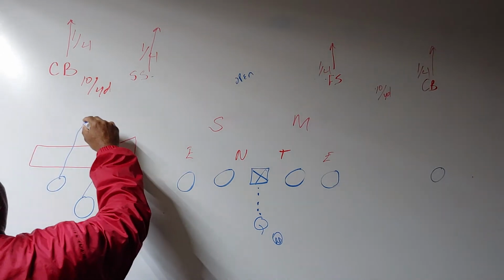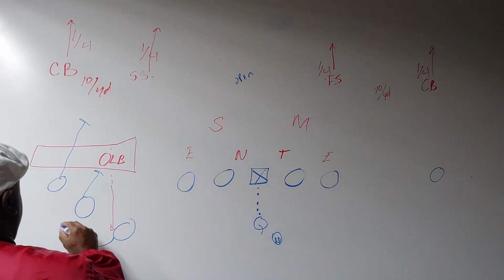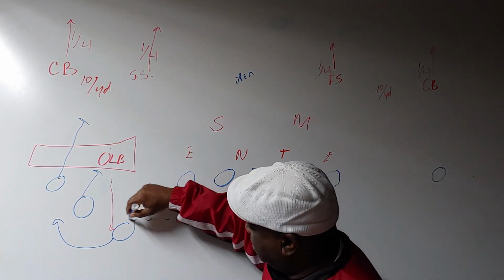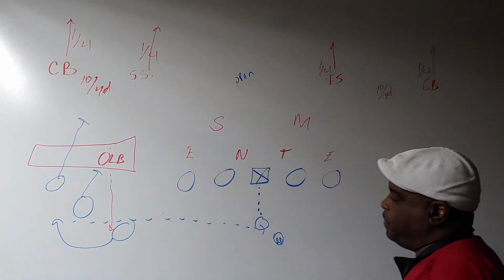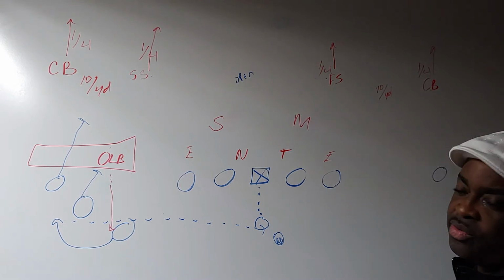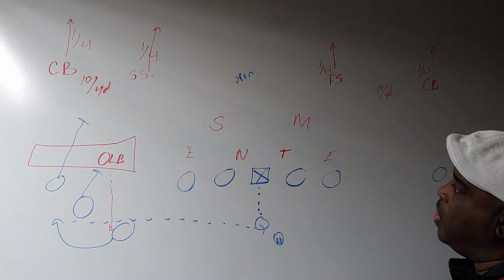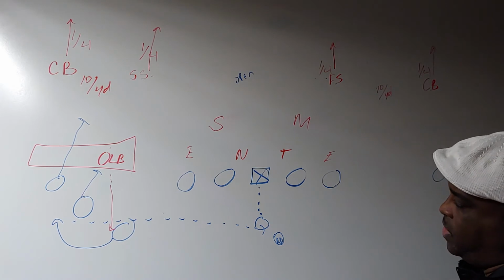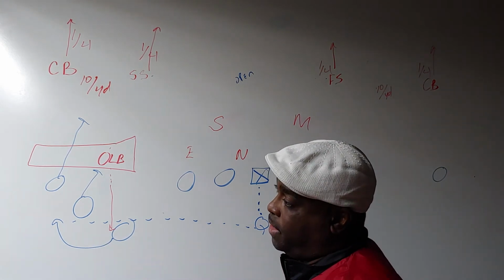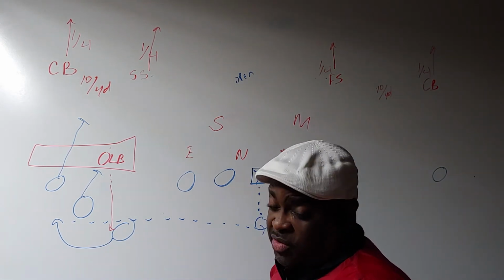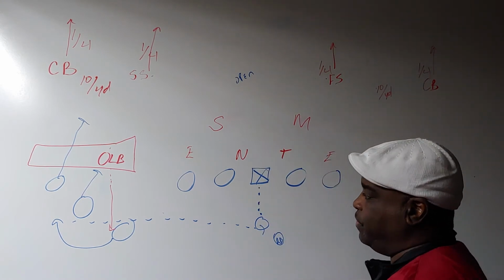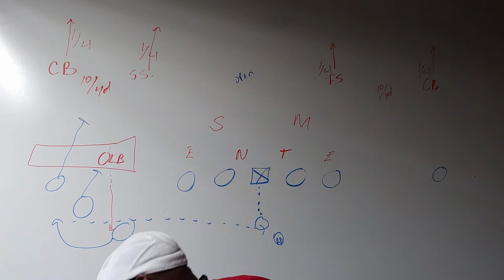He comes up, blocks whichever one comes up, right there. That's what they like to do on quarters coverage, because it's hard for them to get back there and to get down here. But if they're good defensive backs, they can do it. So you block.